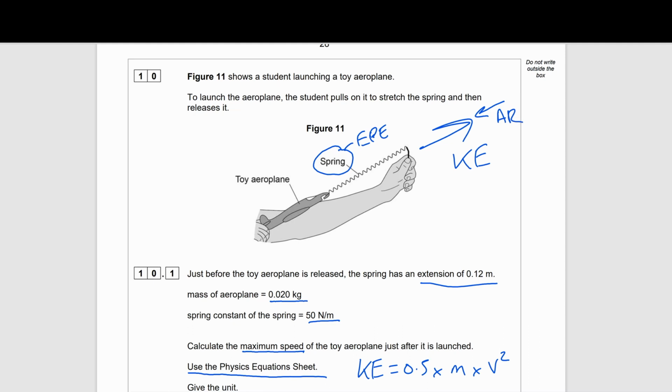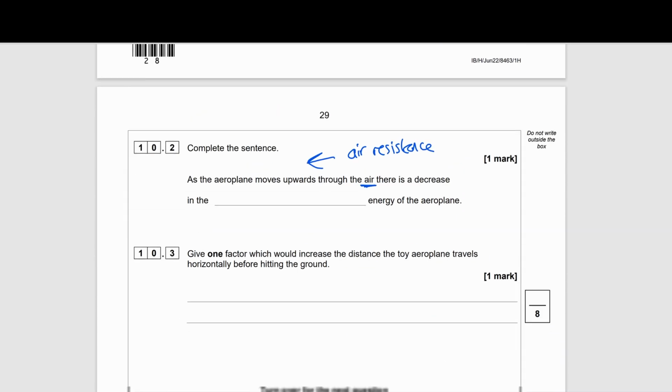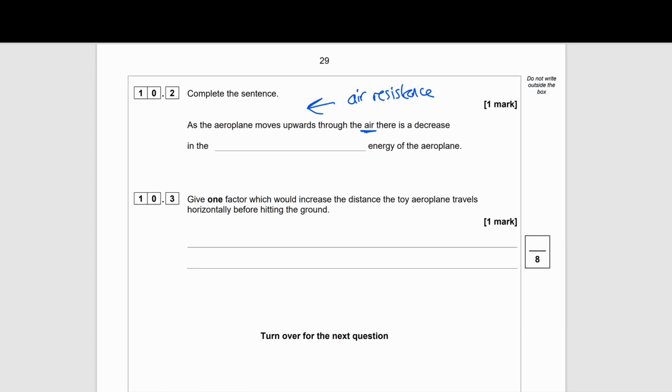So what does that mean for our kinetic energy? That would be decreasing. Remember, it cannot be elastic potential energy, because that would have been converted to kinetic energy by that point. So our most logical answer here is kinetic energy.